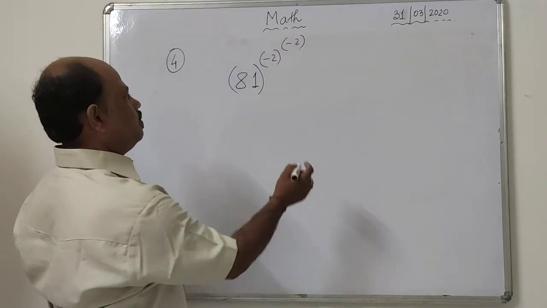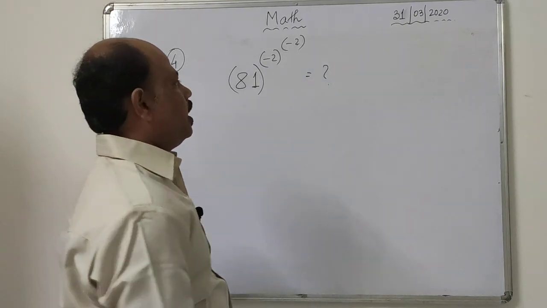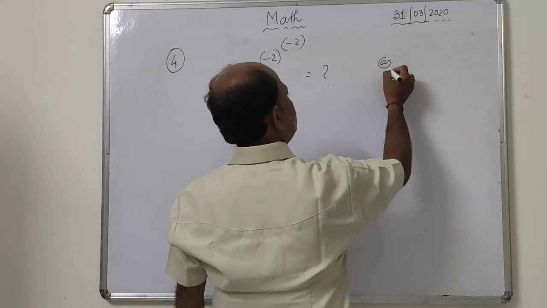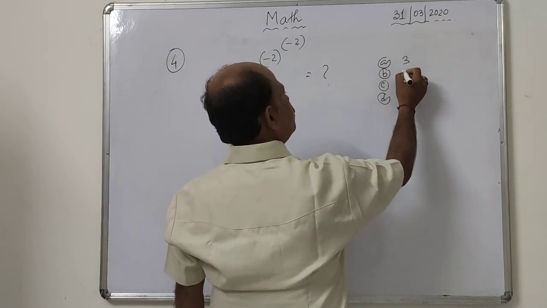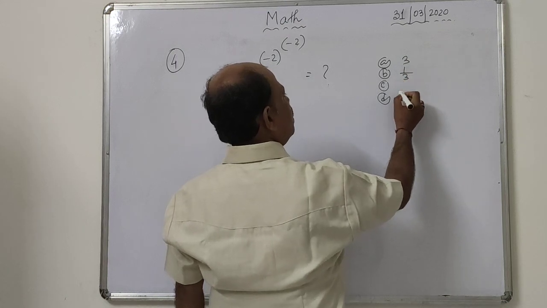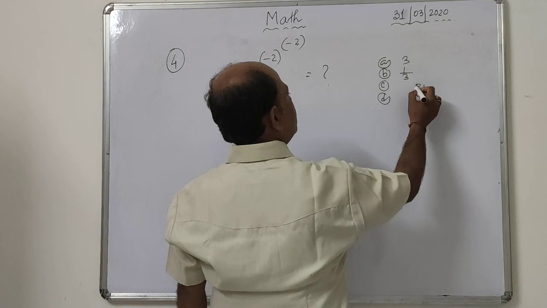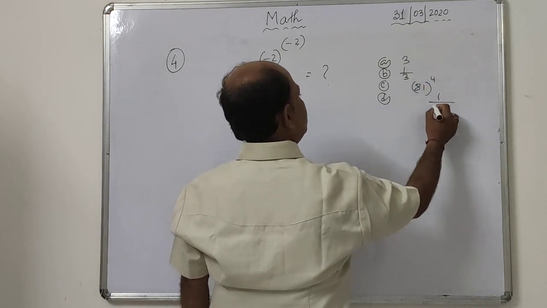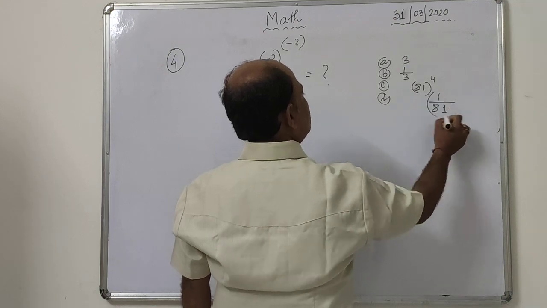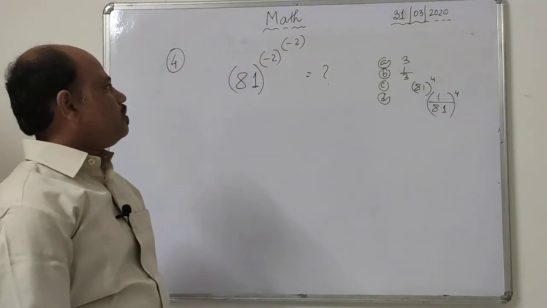What is the value? There are 4 options, A, B, C, D. First option is 3, second option is 1/3, the last options are 81 to the power 4 and 1 by 81 to the power 4.